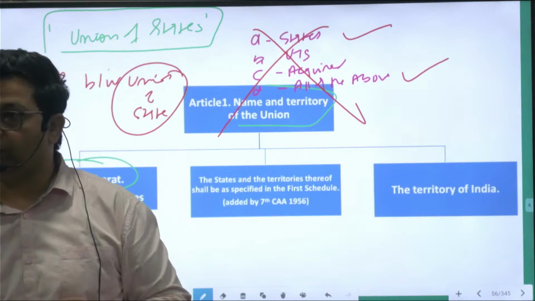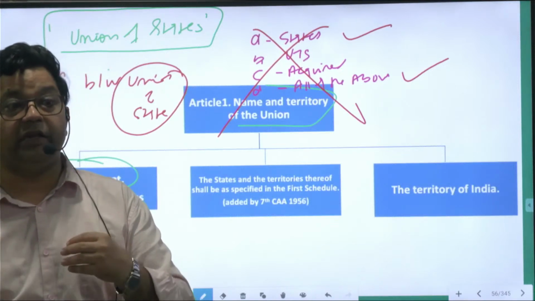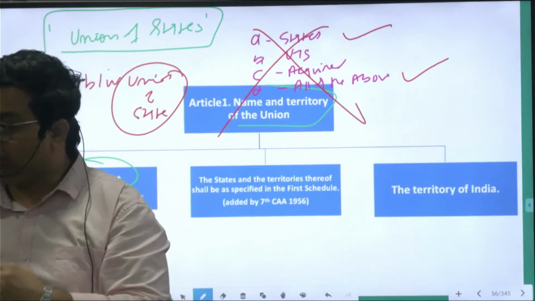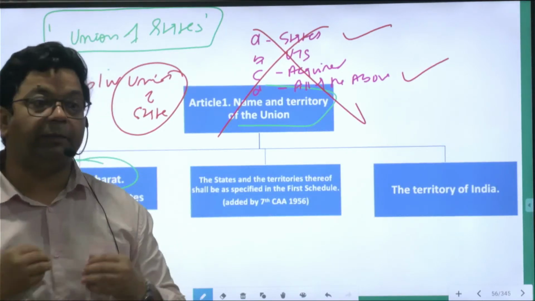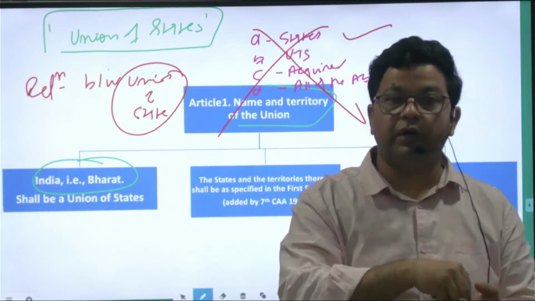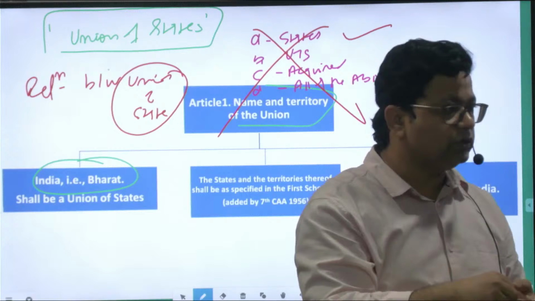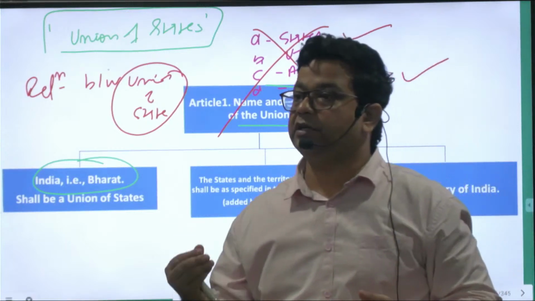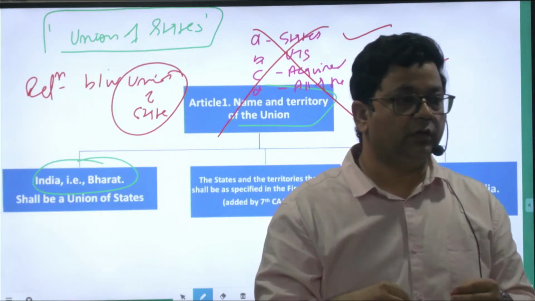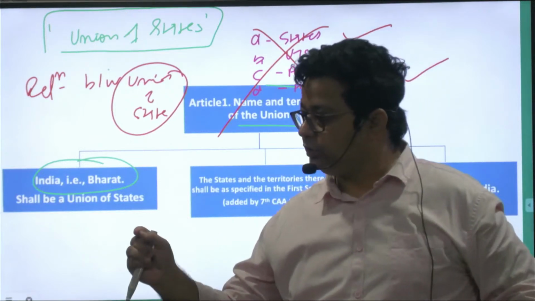Yes or no? So we are not sovereign only at the Union level, we are also sovereign at the lower level, where the people were allowed to choose their own government for local issues at the state level, and the state legislatures were allowed to make laws, rules and regulations according to the Constitution.